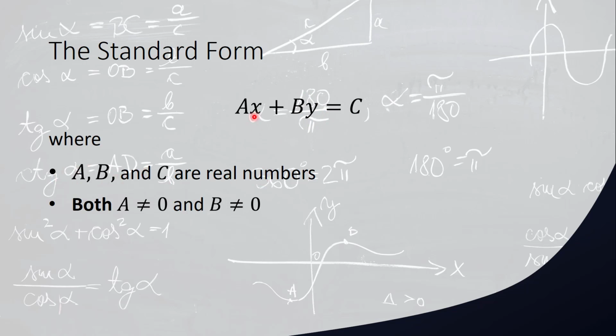X is our independent variable, and y is typically our dependent variable. And the only requirement we have is that both a and b cannot be equal to 0. Because if they are, well, then we have 0 is equal to c, which means that c is 0, and there's really not that much to do. A can be 0, or b can be 0, but they cannot both be 0.